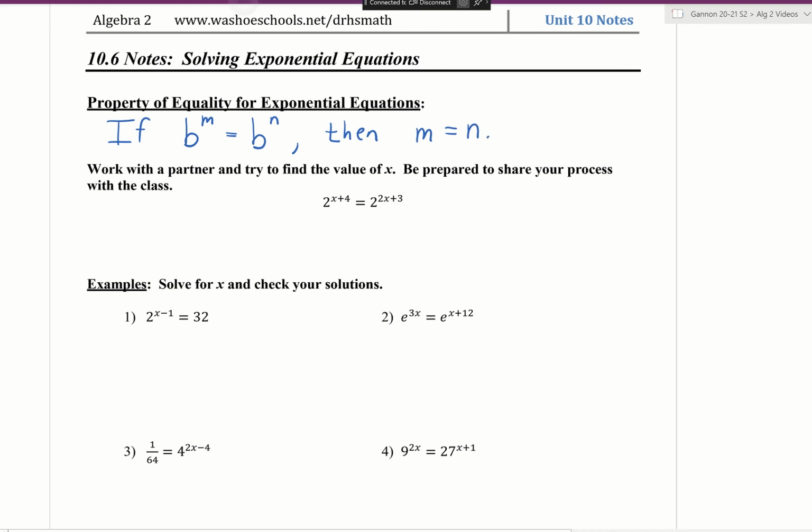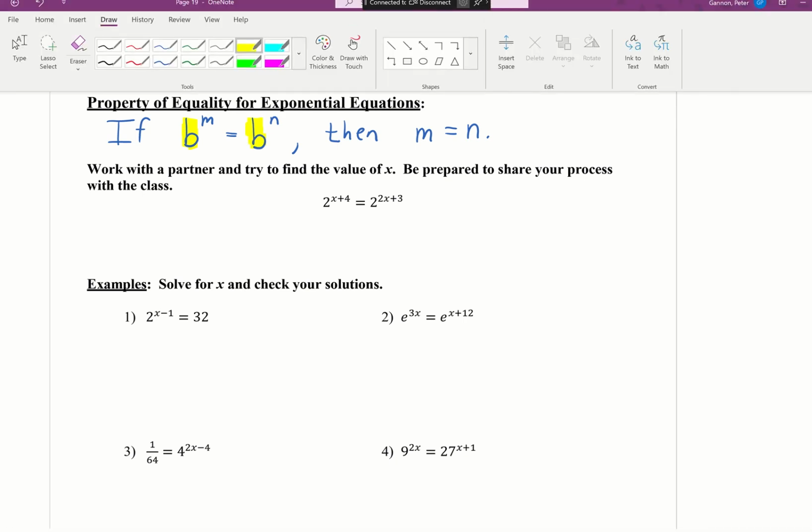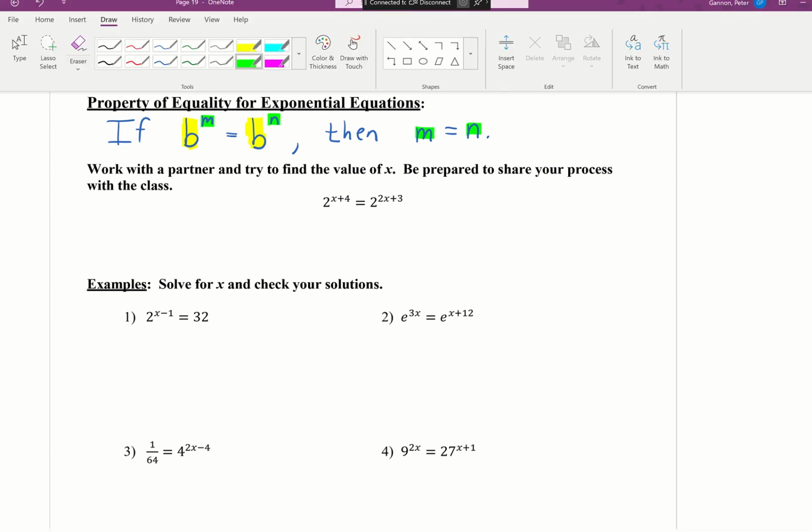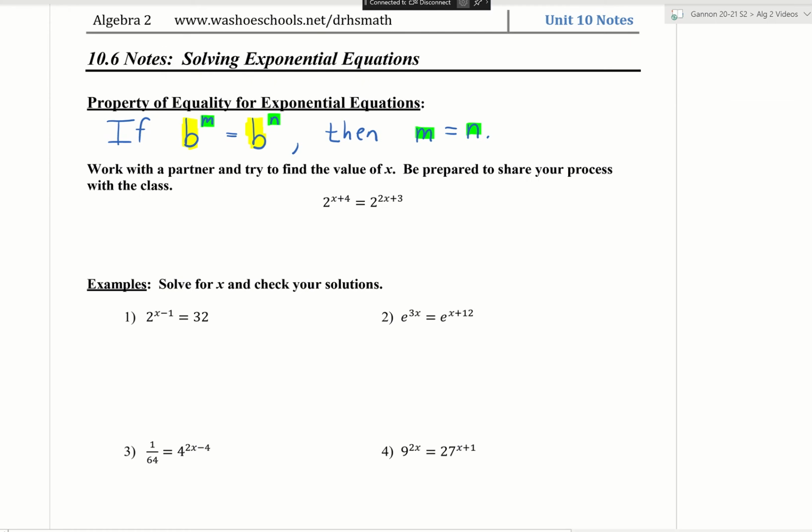So if we have two exponential terms that have the same base, which in this case they're both base b, then the only way that those two expressions are going to be equal to each other is if the exponents are equal to each other. And for now, that's the only property we're going to have that we can apply to these exponential equations. So that's what you want to be thinking about as you go through and solve these problems.